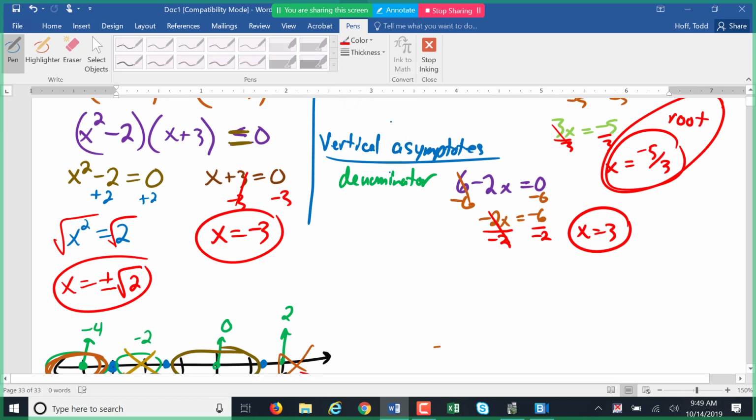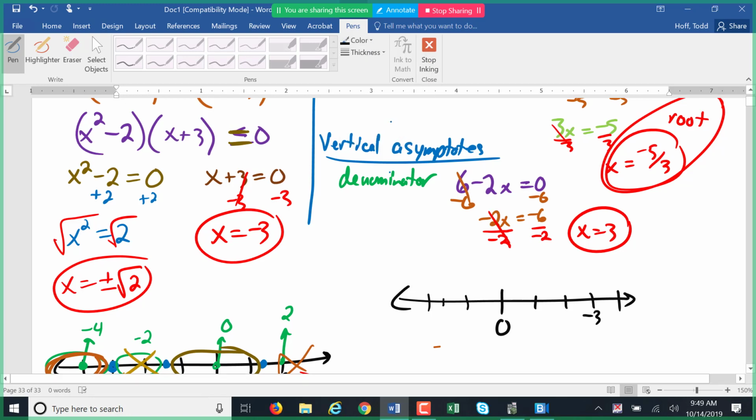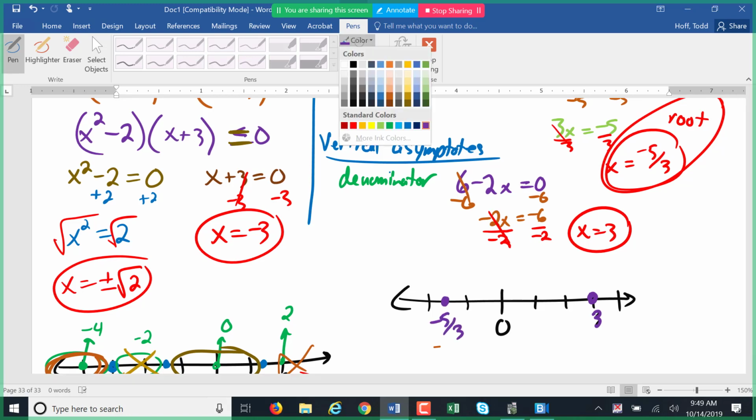So what that's telling us is on our x-axis, we have critical values at positive 3 and at negative 5/3.